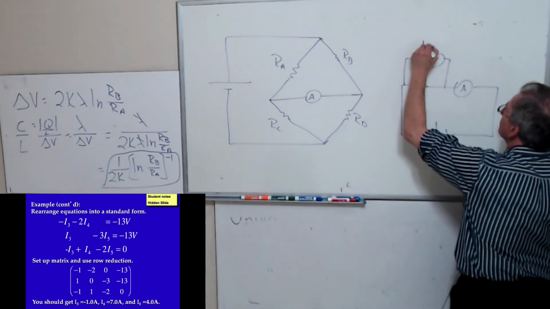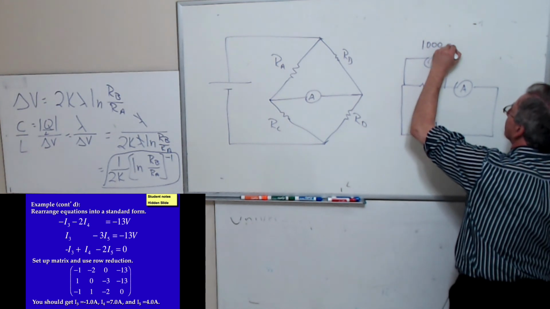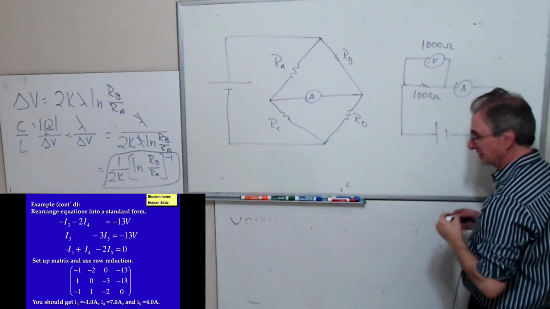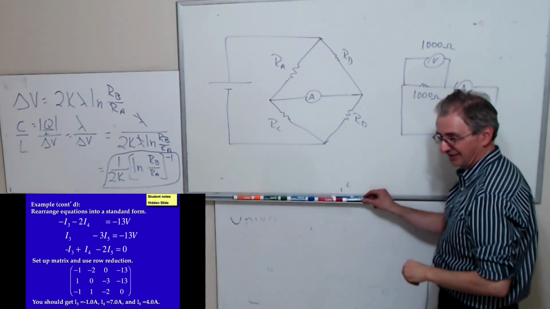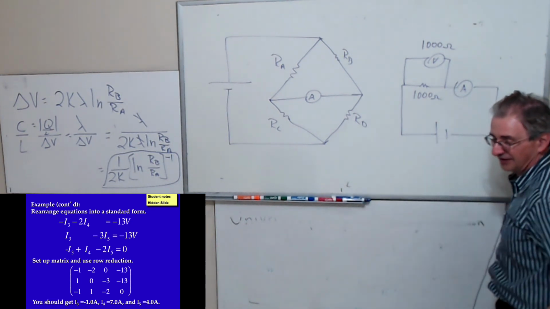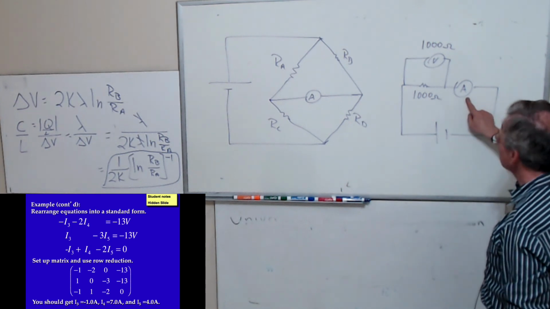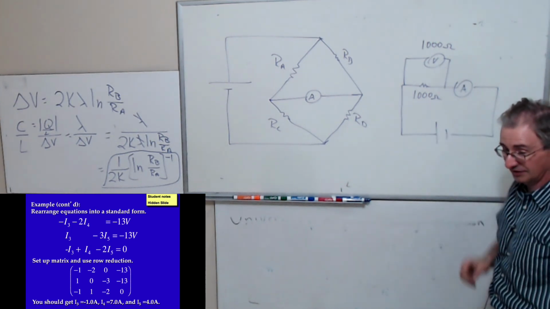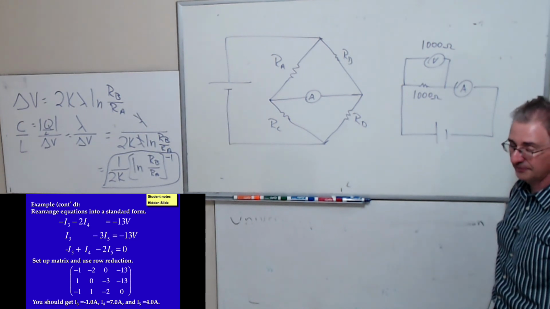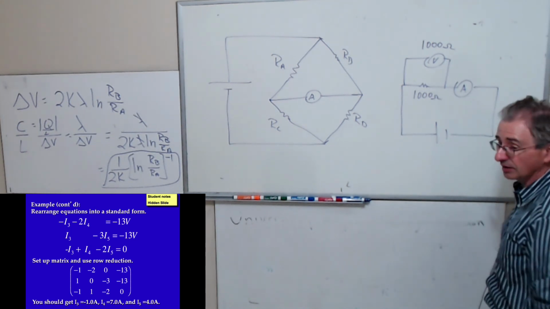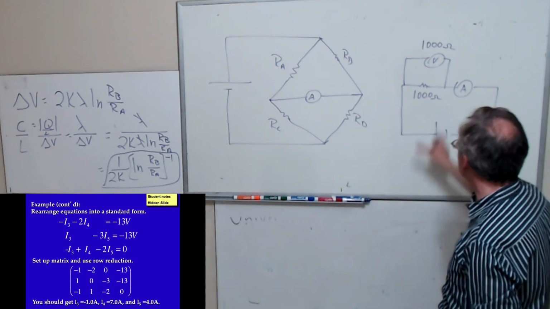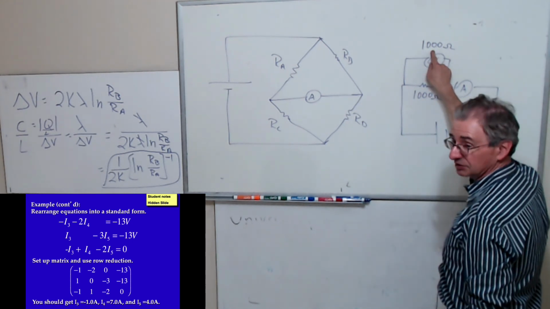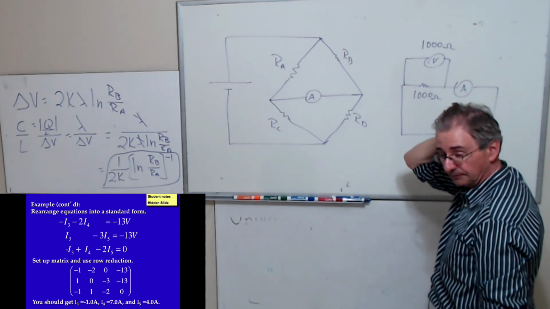That's 1,000 ohms. And this is 1,000 ohms. And guess what happens? This current changes because this guy is 1,000 ohms. I actually have you do that in the lab, so you get to see directly the significance of having this being high when you're measuring voltage.